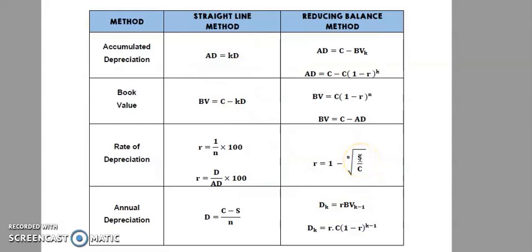Since we have info about accumulated depreciation, we can use this formula. Accumulated depreciation is given by cost minus book value. So this part is book value.